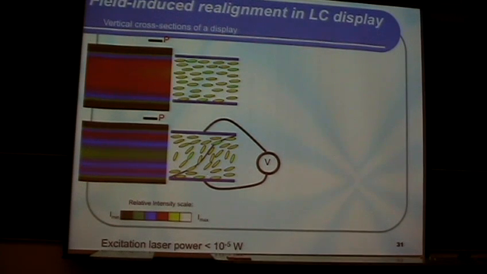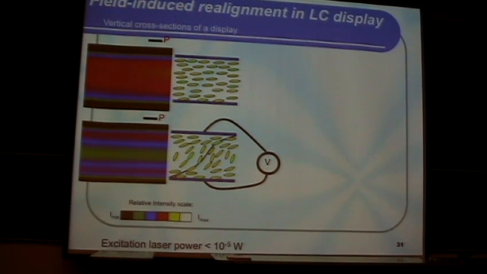At the substrates, the molecules are kept by surface anchoring, the anisotropic interaction of the liquid crystal molecules with the confining substrate. Therefore, there is a thin layer of liquid crystal at the substrate in which molecules have not realigned. The director remains parallel to the substrate, even at relatively high electric fields.